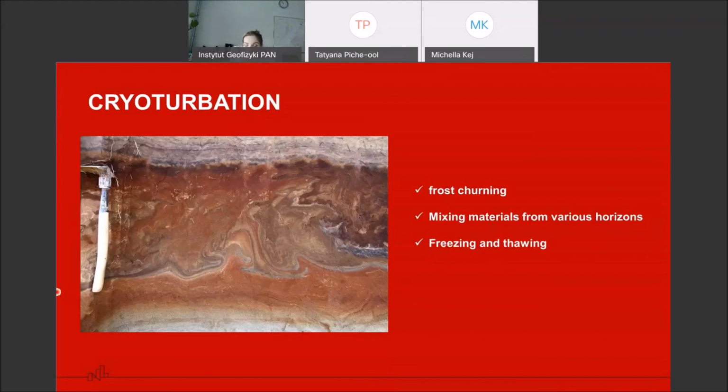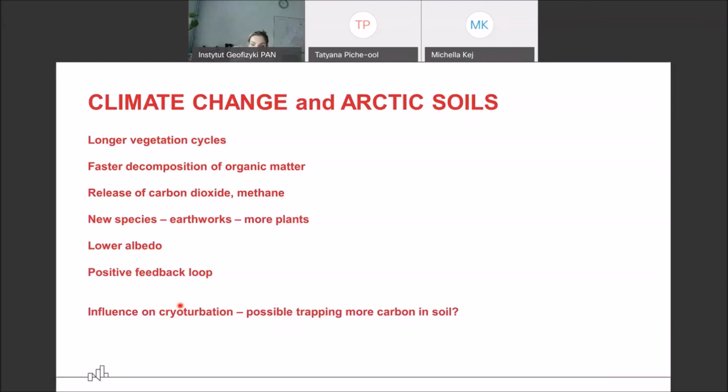So the more cryoturbation we have, the more trapping of carbon in soil. So in this case, we could talk about a negative feedback loop. So the effect would act against the cause in such case.